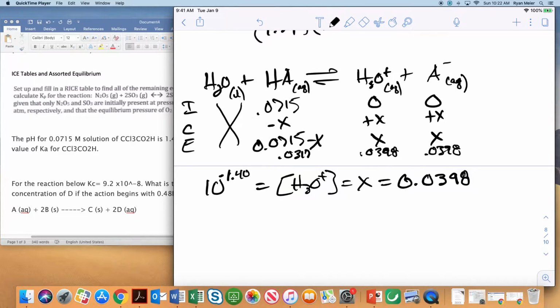And now for my Ka value, right? So my Ka value is now going to be products over reactant, so 0.0398 times 0.0398, all divided by 0.0317.